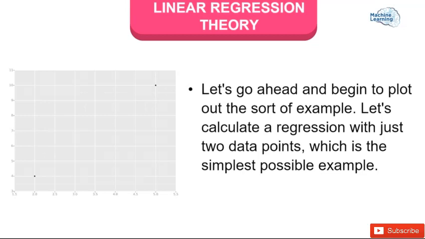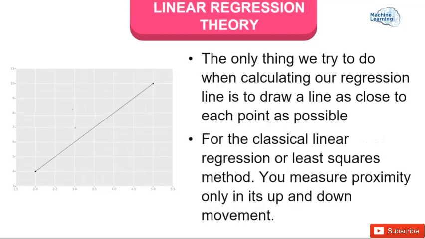Now, the only thing we're going to try to do in calculating our regression line is to draw a line as close to each point as possible for the classical linear regression, or least squares method. So you measure proximity only in its up and down movement. Now we have a perfect line here because we only had 2 points.